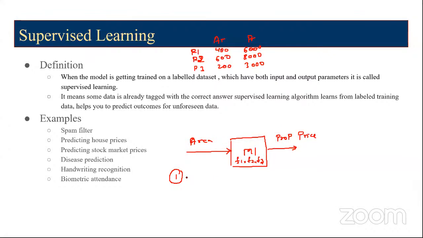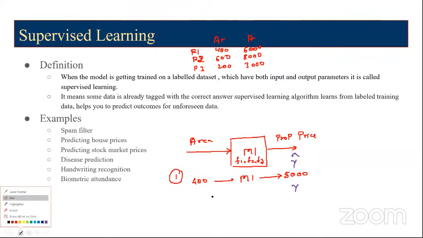Say in the first iteration, we give 400 to M1 and M1 predicts 5,000 as the property price. The predicted value is often referred to using the symbol Y cap. X is the input, and this is Y cap.